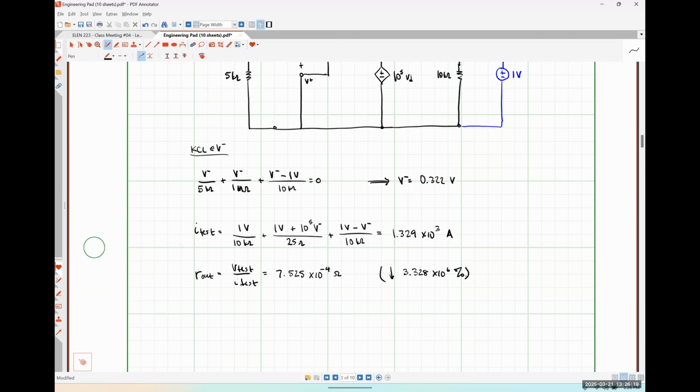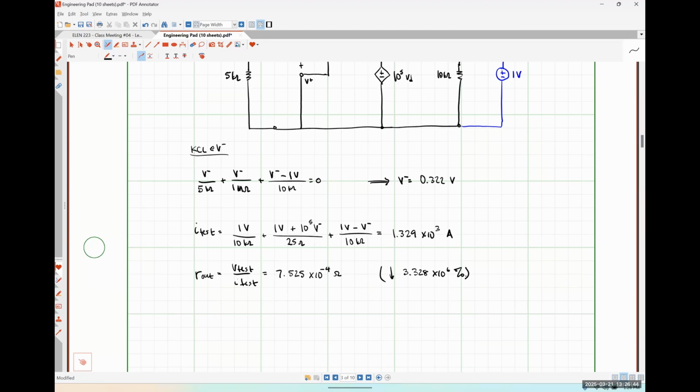So the input resistance went up by the exact same amount that the output resistance went down. That is a consequence of having negative feedback for when we applied our input signal specifically to the non-inverting input terminal, okay?